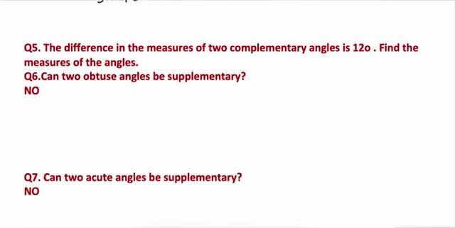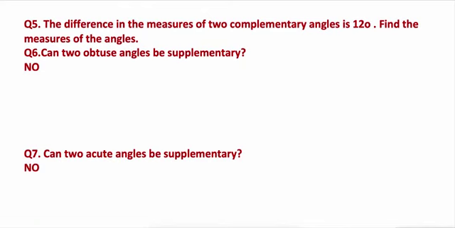Question number 5. The difference in the measure of the two complementary angles is 12 degree. Find the measure of the angles. As we all know, for complementary angles, angle 1 plus angle 2 is 90 degree, and the difference angle 1 minus angle 2 is 12 degree, so we need to find the measure of the other angle.